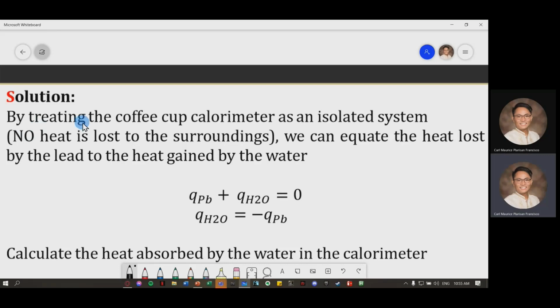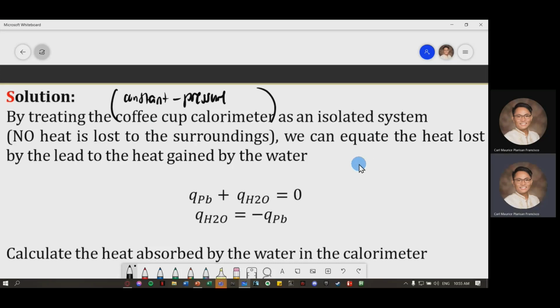By treating the coffee cup calorimeter as an isolated system, alalahanin ang coffee cup or constant pressure. Iisa lang po. Ang coffee cup calorimeter at constant pressure calorimeter ay iisa lang po yan. Isang idea lang yan. Magkaibang pangalan lang. Ang constant pressure calorimeter or coffee cup calorimeter in other translations or names, it's an isolated system. So alam nating isolated system siya.